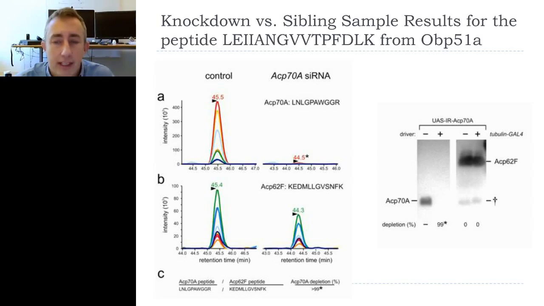That's largely just because the dynamic range of the ECL is fairly limited, to about 10. But the dynamic range of the mass spectrometer we already talked about was about 10 to the fourth. So even though this peptide is knocked down by greater than 99%, it's still easily and readily detectable by mass spectrometry. It's just that we can truly measure that it's been knocked down by greater than 99%.